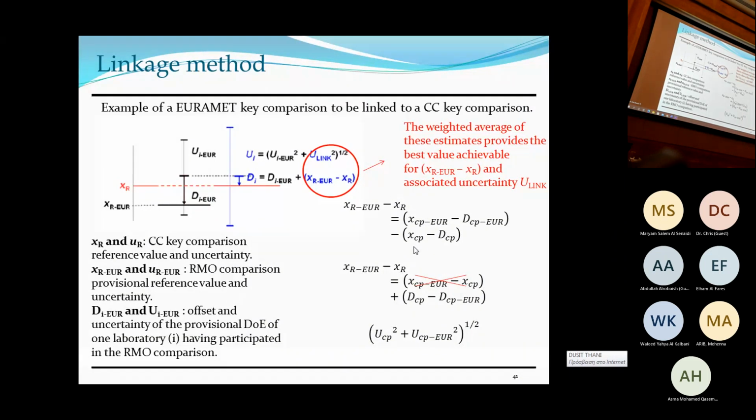So the average of all of these quantities and the average of these uncertainties from the double participating labs make up this shift from reference value to reference value, and the corresponding uncertainty, which is called U-link in this instance.